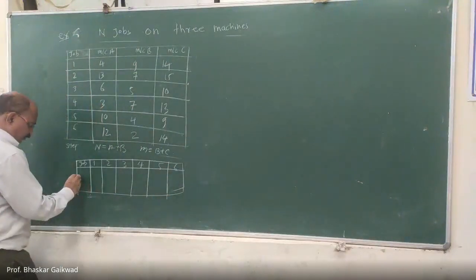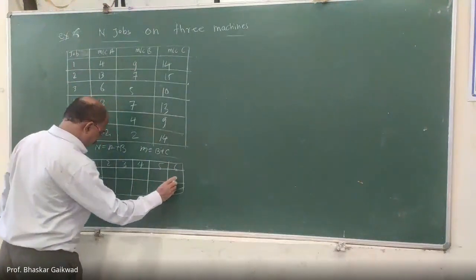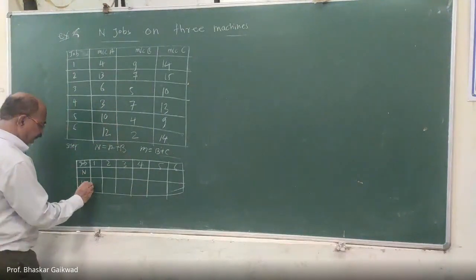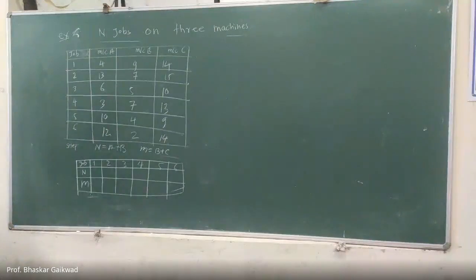Now we have to convert into two machines. Here it is n and this is m. A plus b is related to n, and m is equal to b plus c.